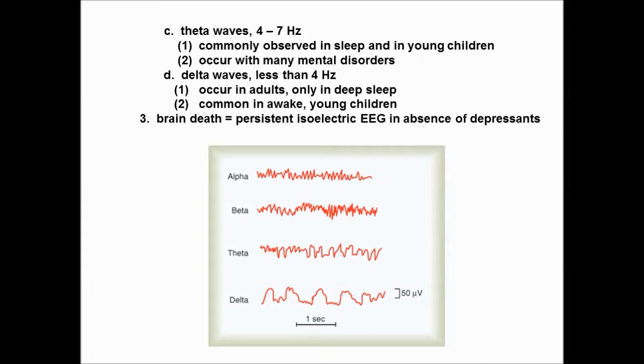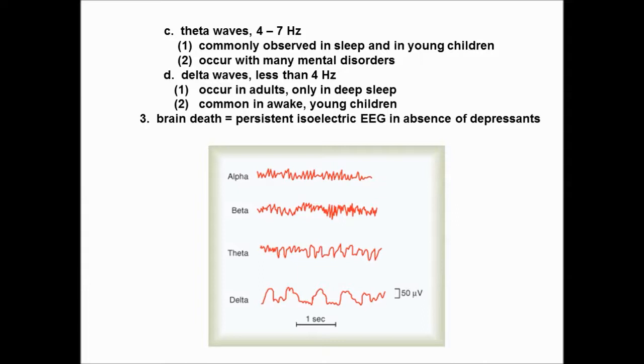If you go to frequencies less than that, we call it theta waves. These are observed in young children, which makes my point that very young children have slow waves, but also in people with some mental disorders and right before you get to profound sleep. So this is a much decreased mental activity.